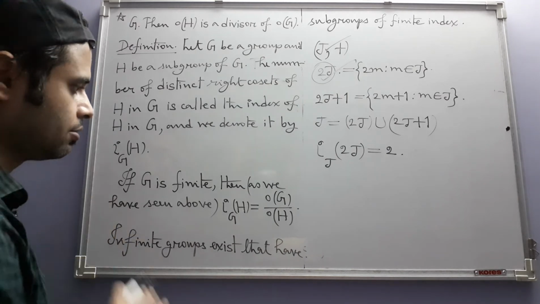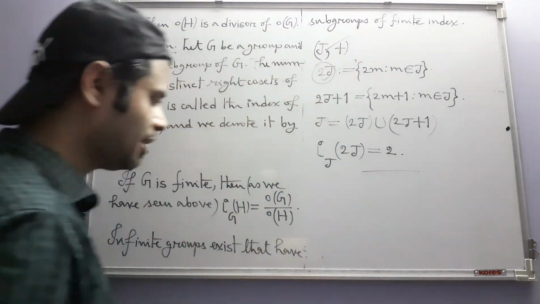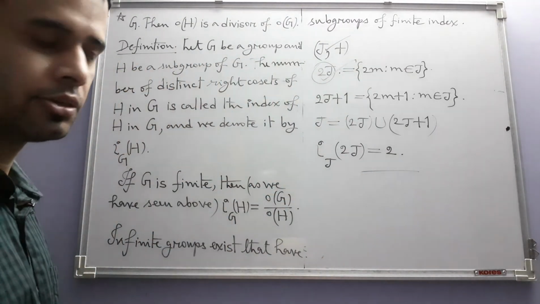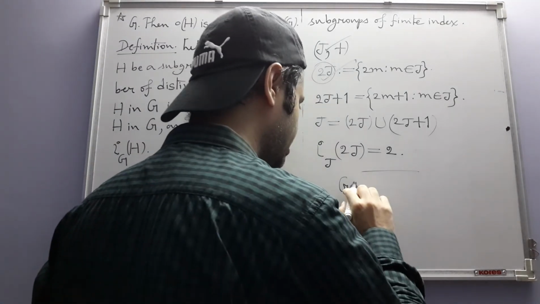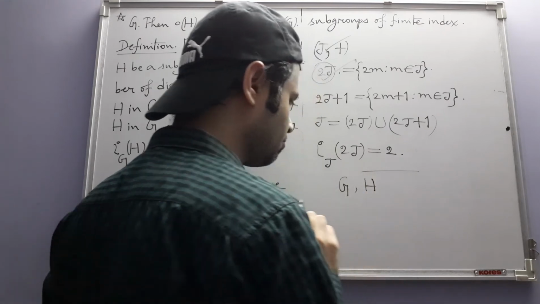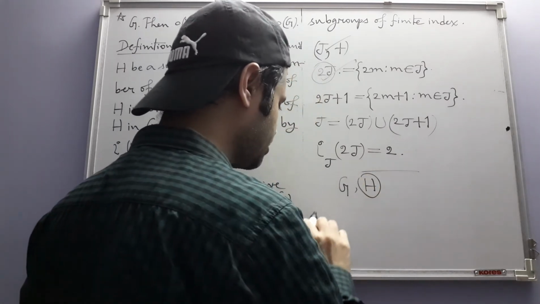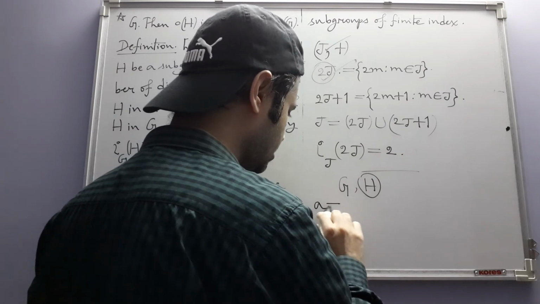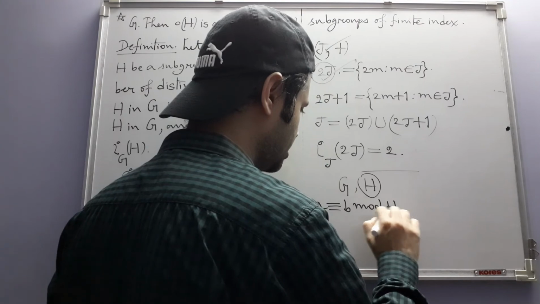Okay, so let us quickly summarize how we have obtained Lagrange's theorem. We were given a group and a subgroup. First, using this subgroup, we defined a binary relation between elements of a group.